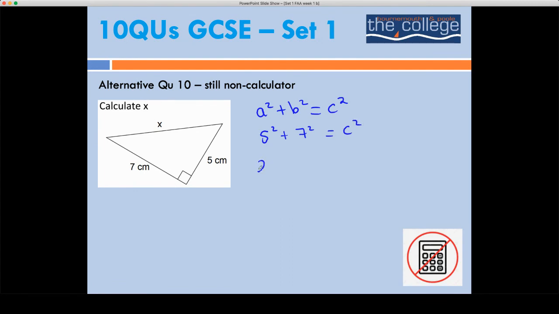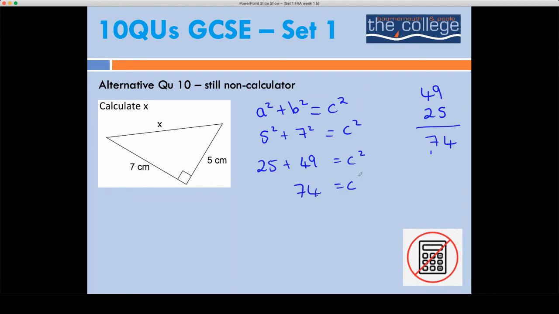So we've got 25, 5 times 5, plus 7 times 7 is 49. As I say, don't try and just do that in your head. Write it to one side, especially in exam pressure. 9 plus 5 is 14. 4, 5, 6, 7. Okay, 74 is c squared.